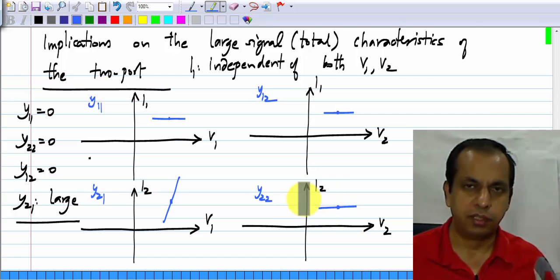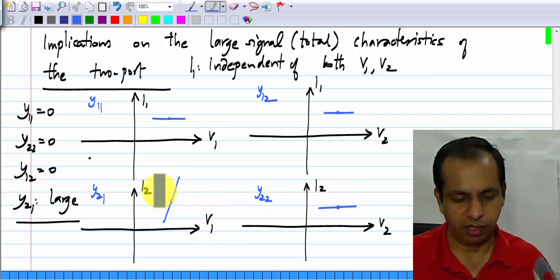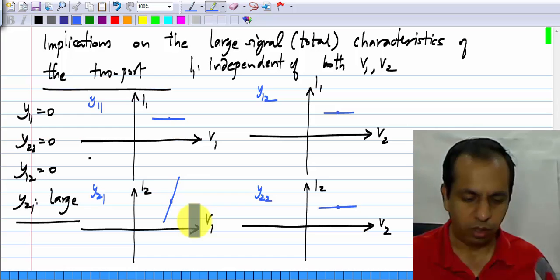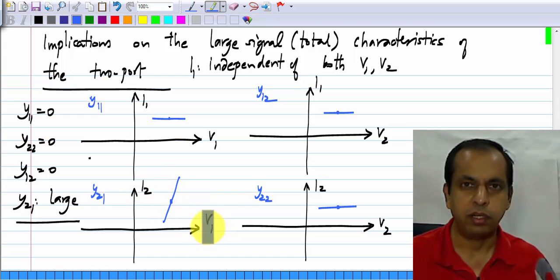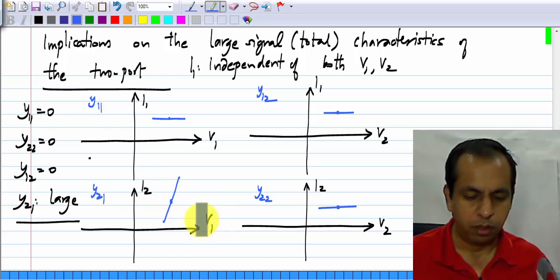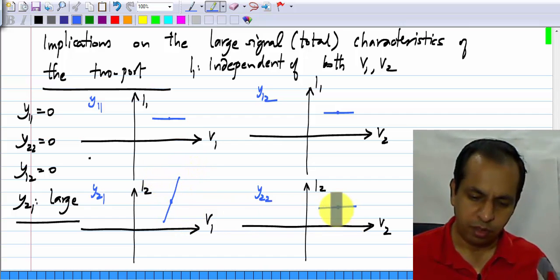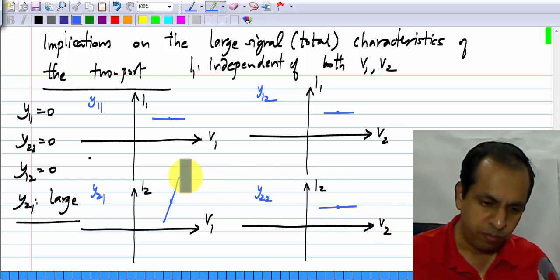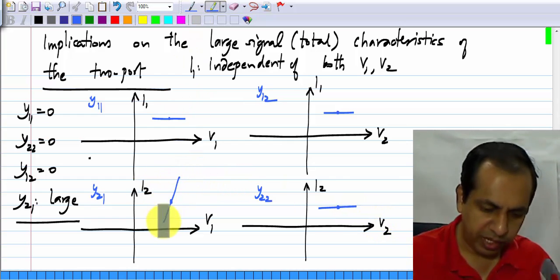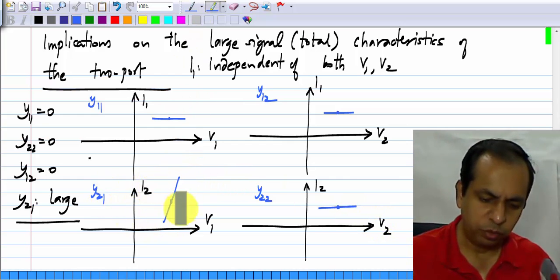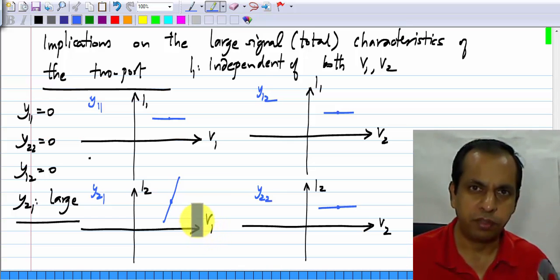I also said that basically these graphs are drawn, for instance, I2 versus V1 is drawn with V2 as a parameter. Okay. Now, because I2 does not change with V2, essentially this characteristic I2 versus V1 should be independent of V2.